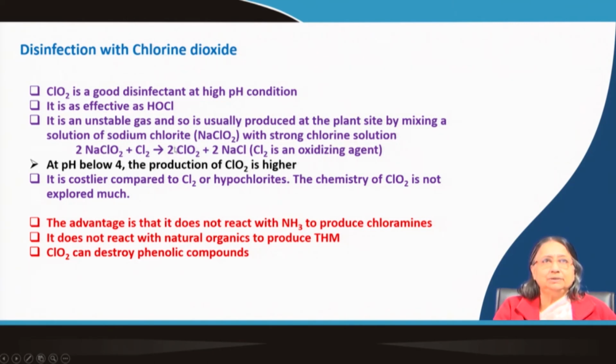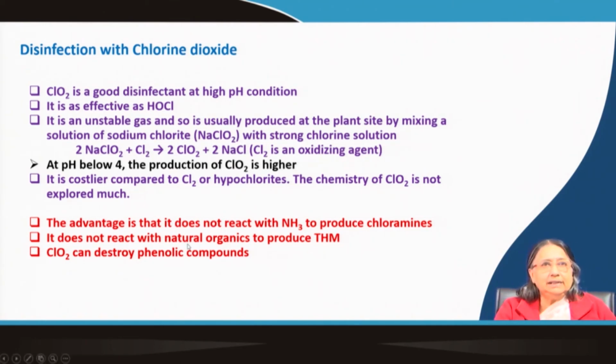This way it is produced, it is a gas. At pH below 4, the production of ClO2 is higher. It is costlier compared to chlorine or hypochlorite. The chemistry of ClO2 is not explored much, so we are not very confident about this material till now.